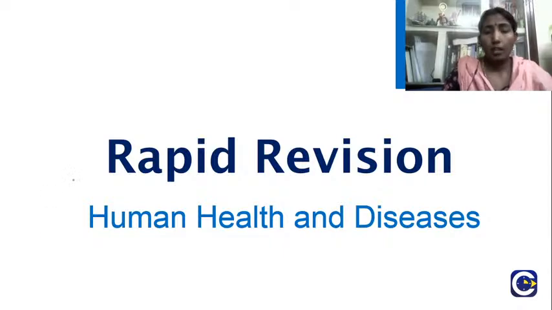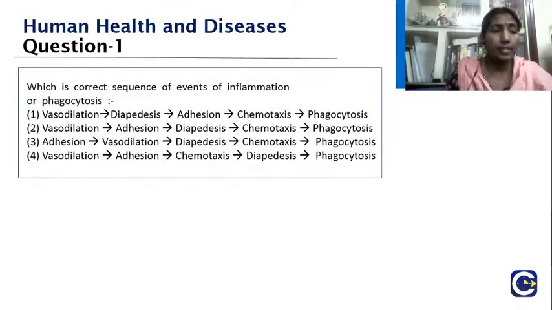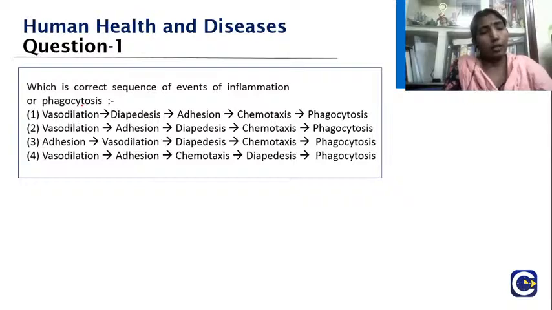Now we'll see the first question. Which is the correct sequence of events of inflammation or phagocytosis?